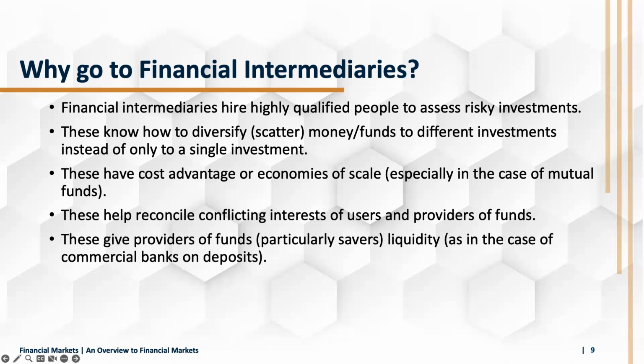Number 4, the financial intermediaries help reconcile conflicting interests of users and providers of funds. Because there is an intermediary in the middle, the users and the providers of the funds do not meet face-to-face. Therefore, the providers could not impose their own expectations on the users of funds.